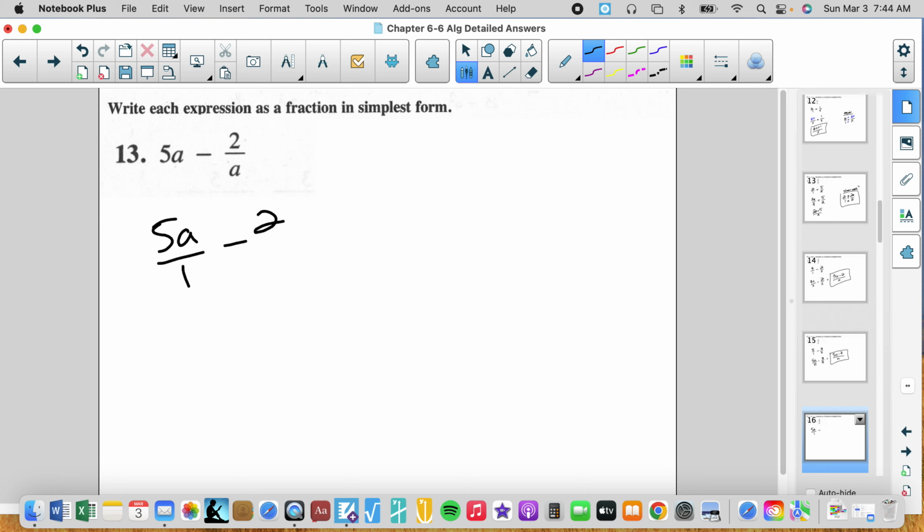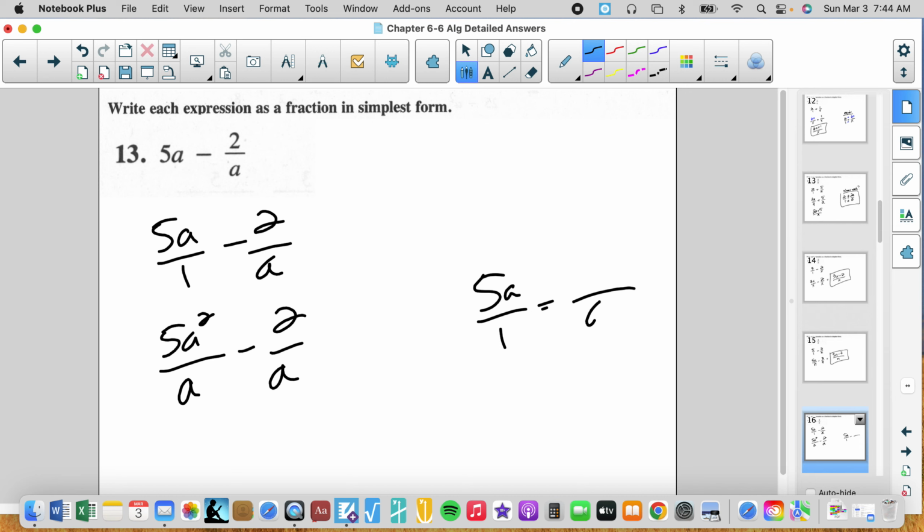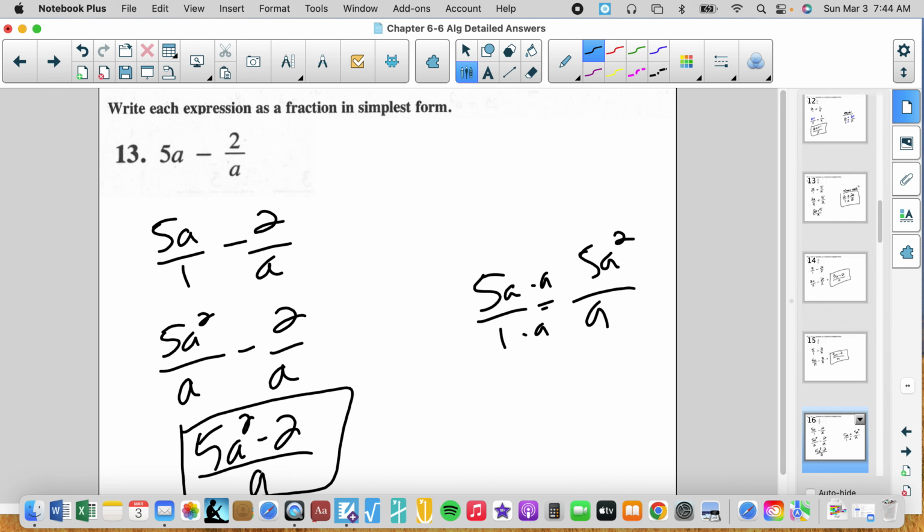5a over 1 minus 2 over a. So we get 5a squared over a minus 2 over a. Hopefully you see that. 5a over 1 equals what over a? We're going to multiply it by a. You get 5a squared. So 5a squared minus 2 all over a would be our answer.